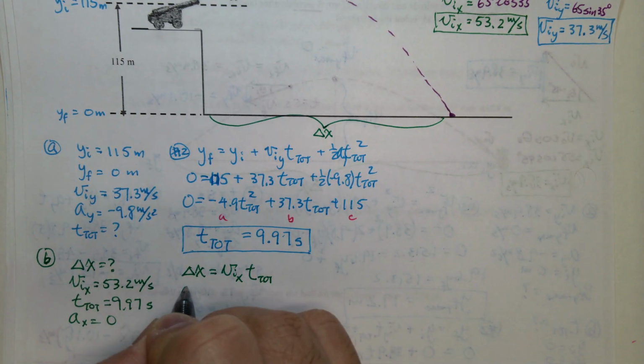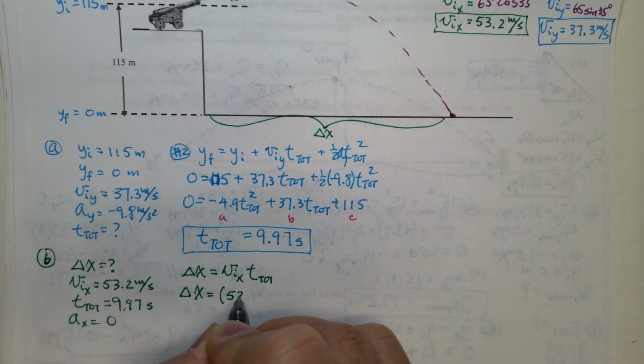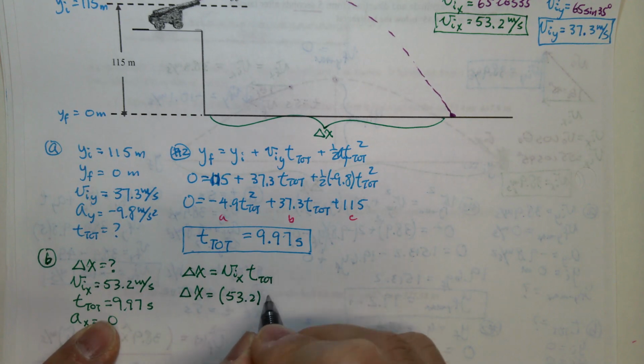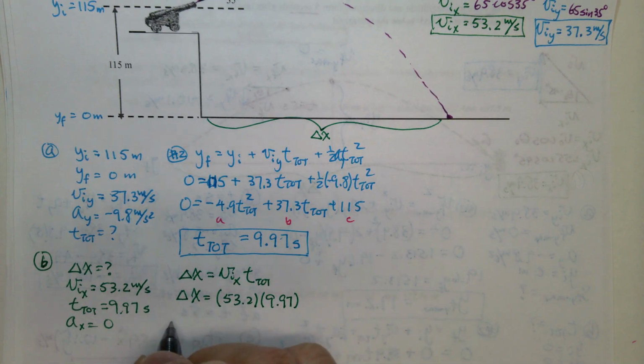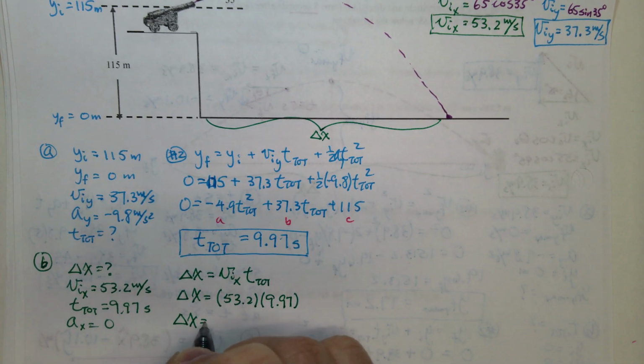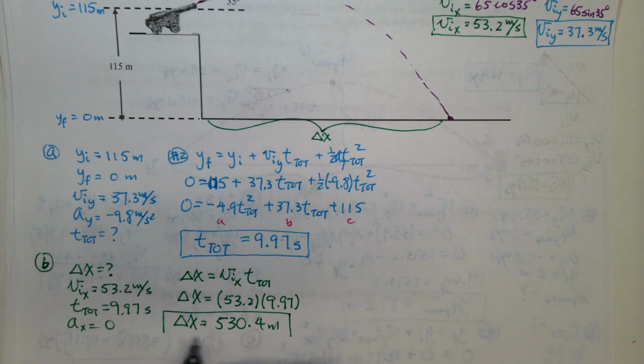Therefore, my delta x is equal to VIX, which is 53.2, times T total, which is 9.97 seconds. So my delta x comes out to 530.4 meters.